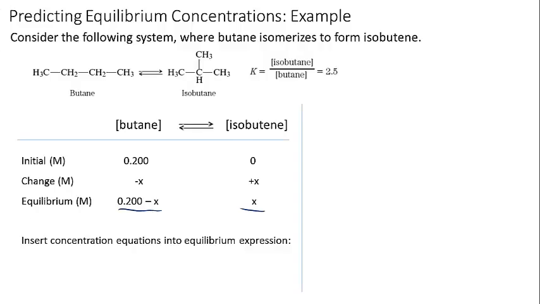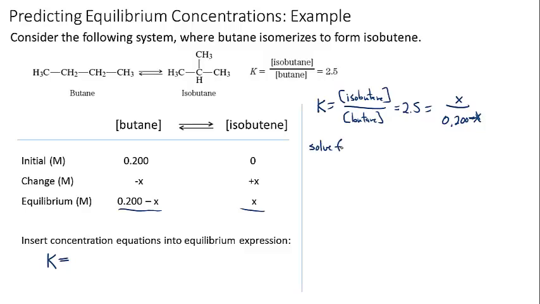And now we insert these into the equilibrium expression. So K equals, I'll do this over here, K equals the isobutane concentration over the butane concentration. And that equals 2.5, which equals the isobutane concentration, which is X, over the butane concentration, which is 0.200 minus X. And the key is we can now solve for X. That is, we're going to solve for how much actually reacted.